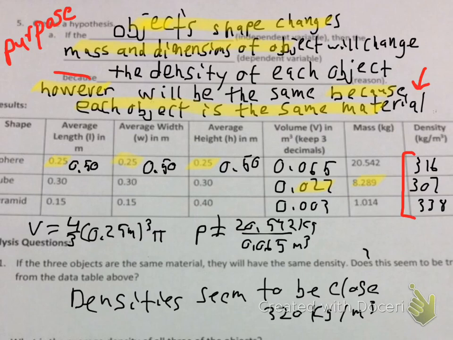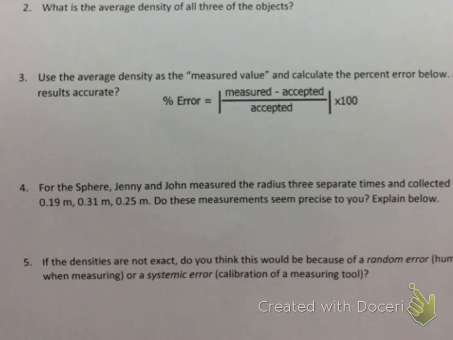So even though I believe this to be true, this is fairly low precision. So the average here is going to be 316 plus 307 plus 338, divide by 3.